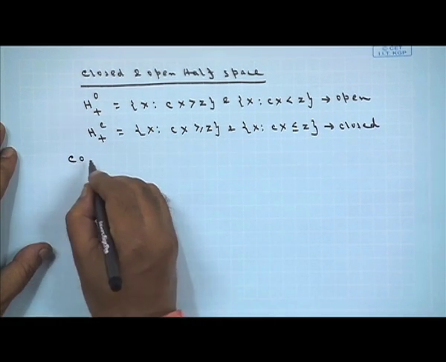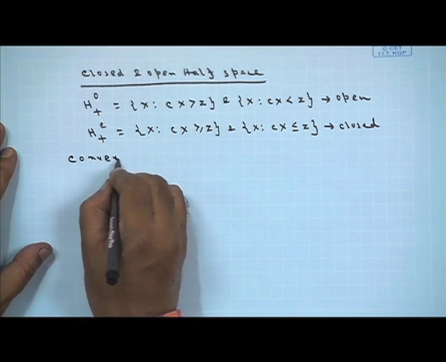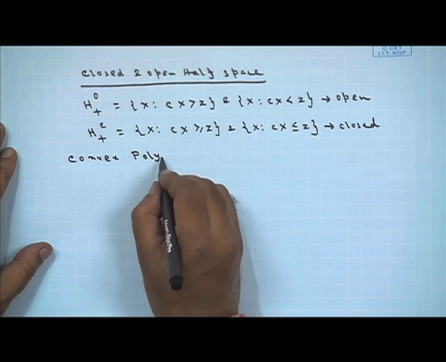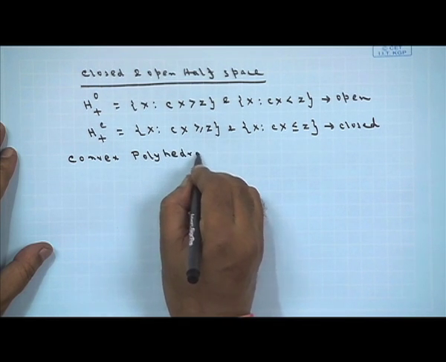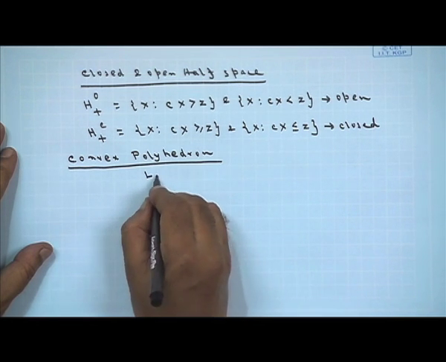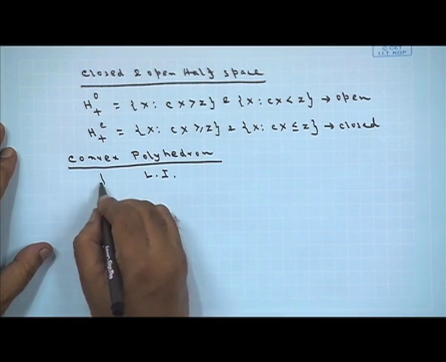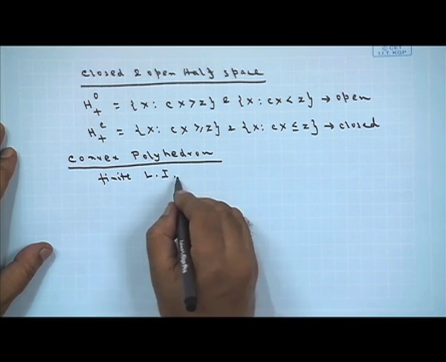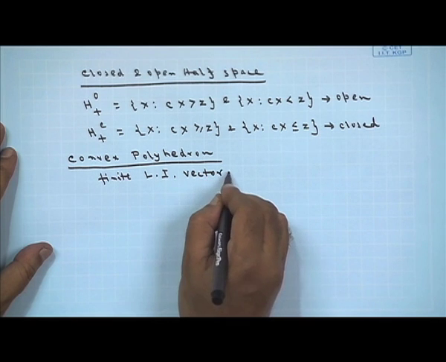The next definition is convex polyhedron. You have a finite number of, please note this one, finite number of linearly independent vectors.